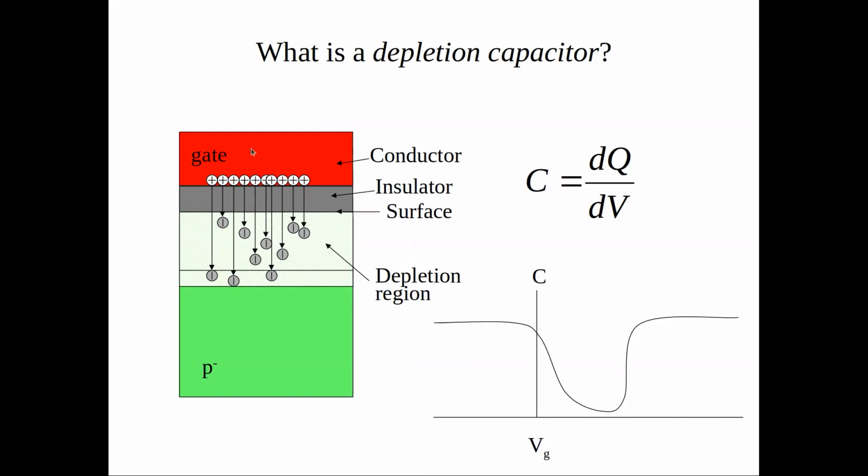The more positive charge you have, the more holes you push away, the thicker the depletion region is. And if you put two capacitances in series, the equivalent capacitance is smaller. So you get this bump in the capacitance as a function of the gate voltage. And then when you're back in strong inversion, you attract mobile charges there, so your semiconductor is conducting all the way through.